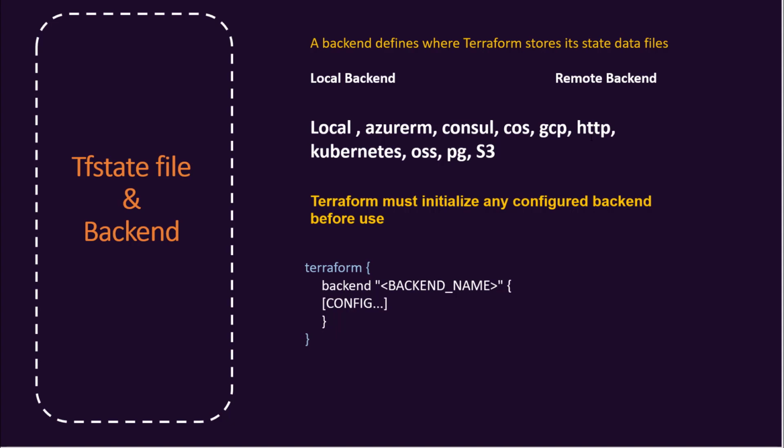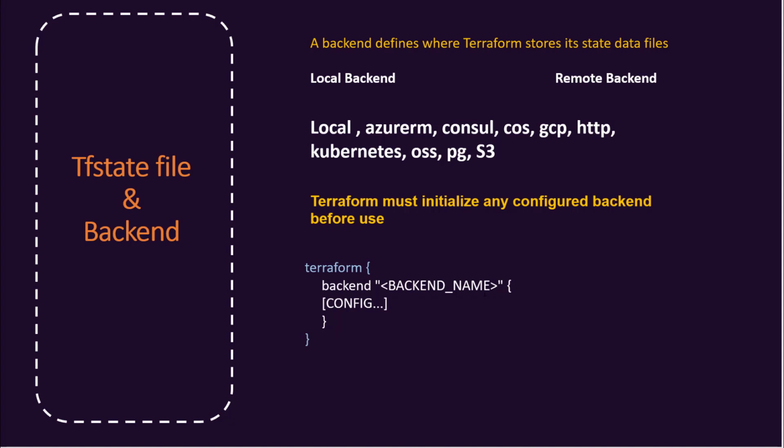I had a video about it before, so I will pin it above this video and you can refer to that and see how we can use the HTTP backend as a remote. Also, we can use Kubernetes, OSS, PG, and one of the most famous of them is S3. S3 belongs to AWS. Normally for an AWS remote backend, we use S3.